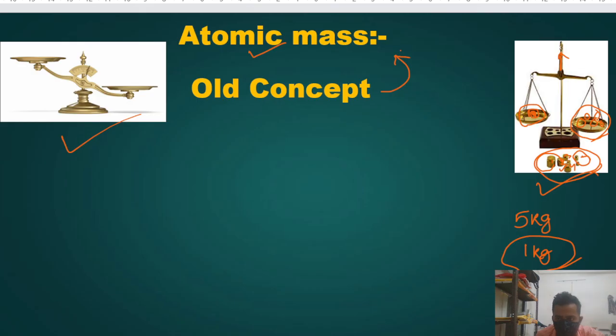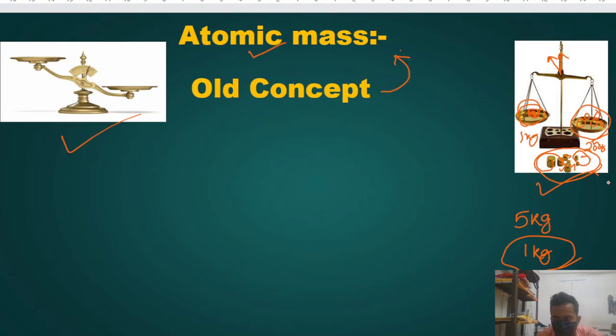If the stone side has more mass, like if it is 1 kg and you add 200 gram or 500 gram, then the needle will shift towards this side.